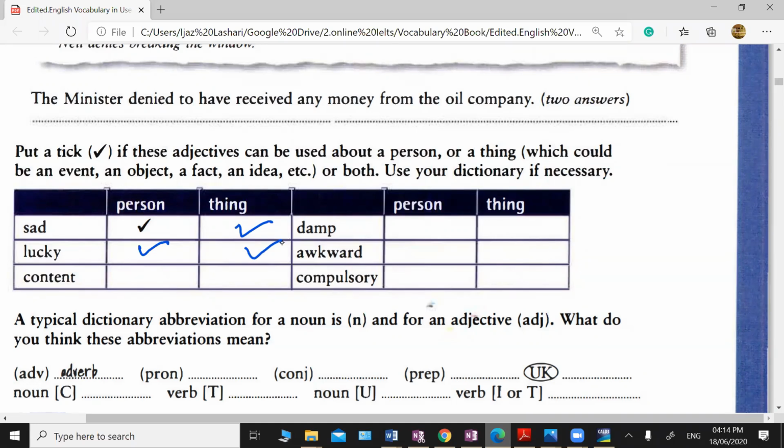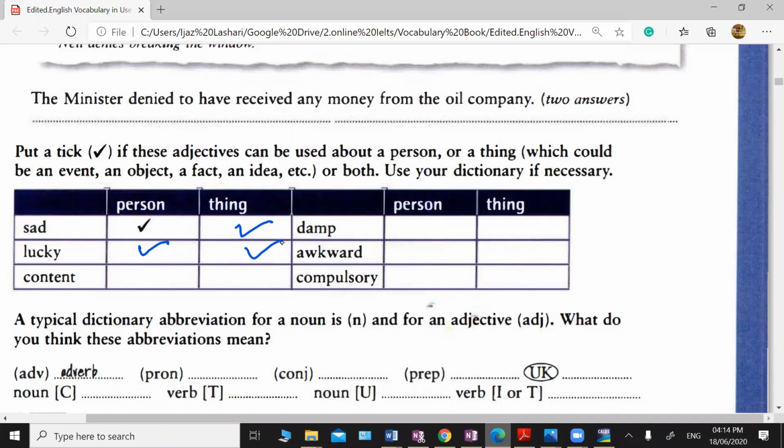Content, like something satisfying. Not for person, for thing. Content has another meaning as well, that when someone feels very satisfied.